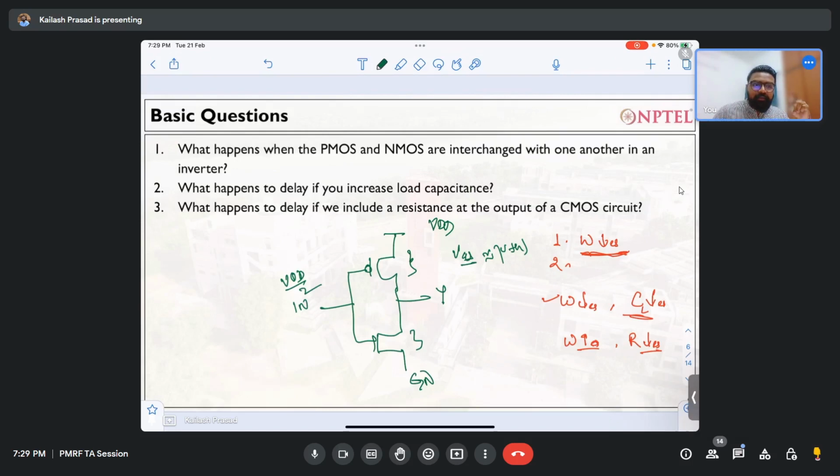Okay. What is the beauty of the CMOS circuit and what is the basic advantage of the CMOS circuit? Because CMOS was identified way back, 40, 50 years back, and people are still using CMOS circuits. What is the reason behind it? Anybody want to tell me? What is the reason why people prefer this kind of configuration, one PMOS and another NMOS?